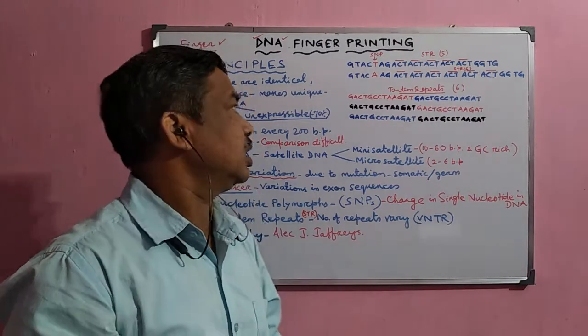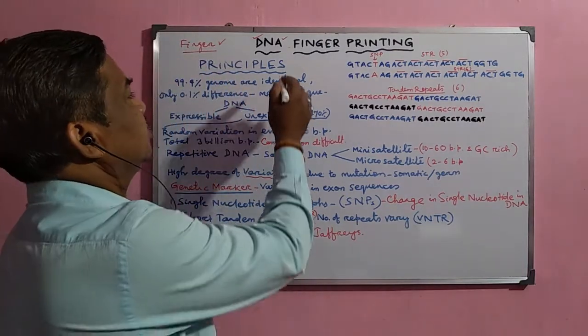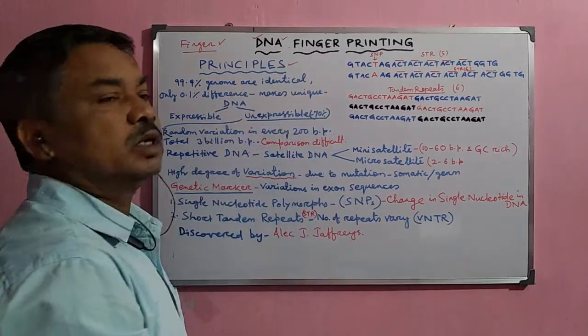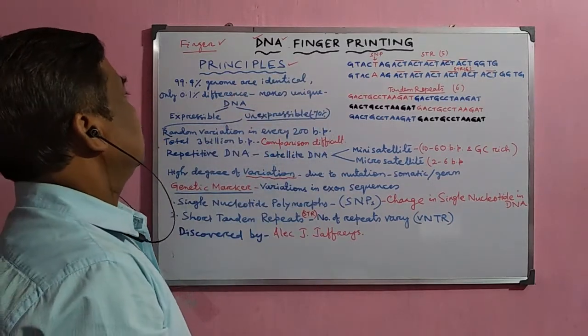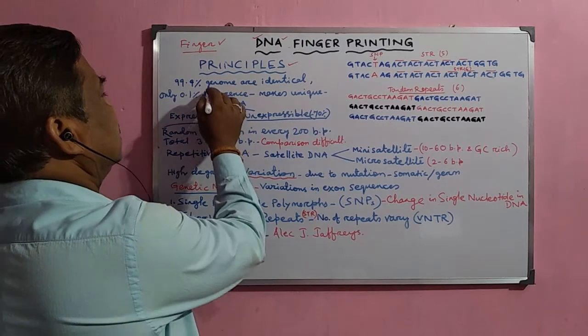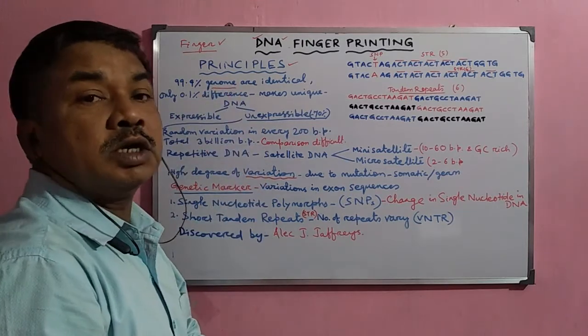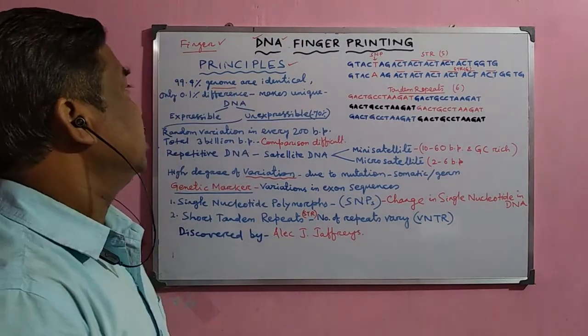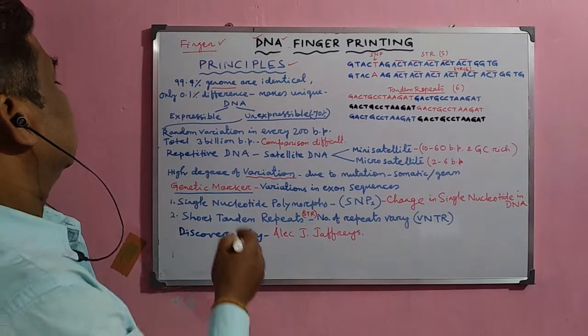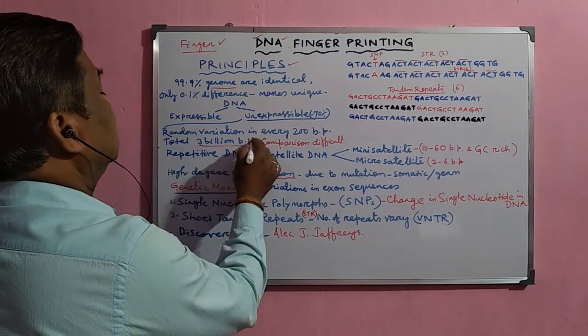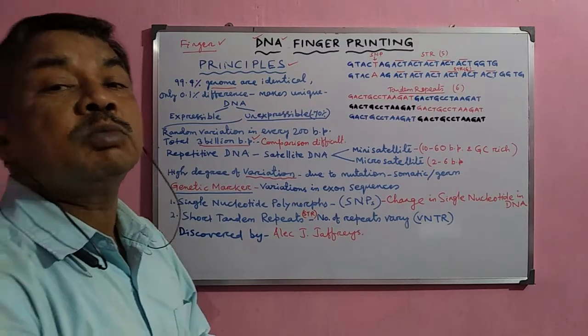Now, first of all, I shall discuss the principles behind this DNA fingerprinting. In case of the human genome, as we have already studied in the Human Genome Project, around 3 billion base pairs are present in the human genome.